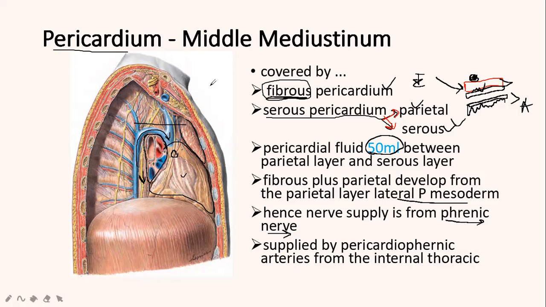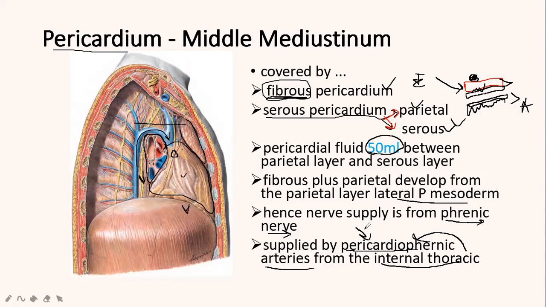Then the blood supply of the fibrous pericardium comes from what we call the pericardiophrenic artery, which is a branch of the internal thoracic. If you remember our thorax one, we talked about this branch. So why is it called pericardiophrenic? It supplies the pericardium, and then goes down to supply the diaphragm as well.